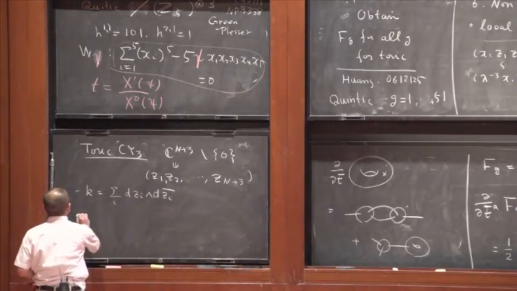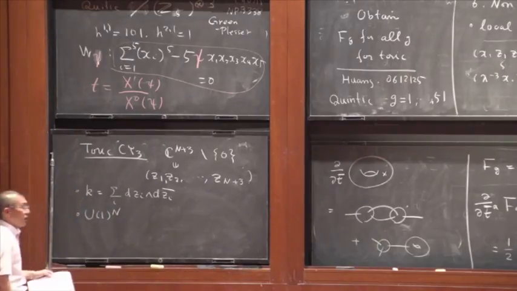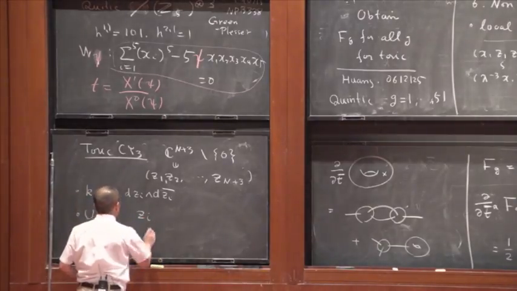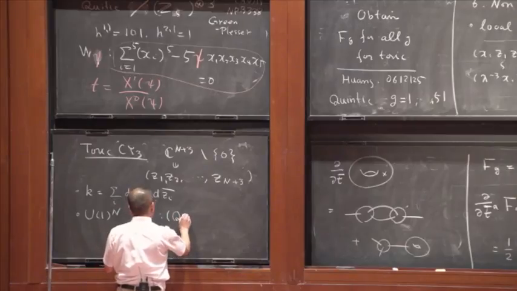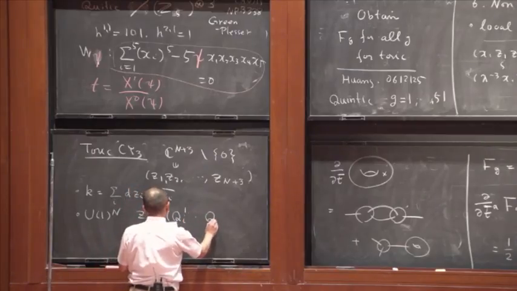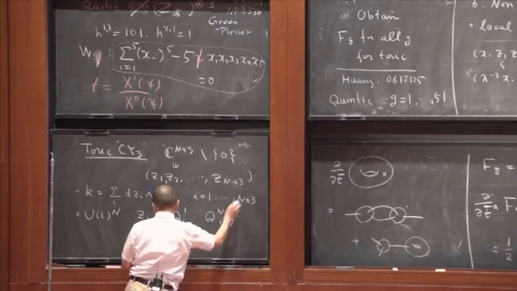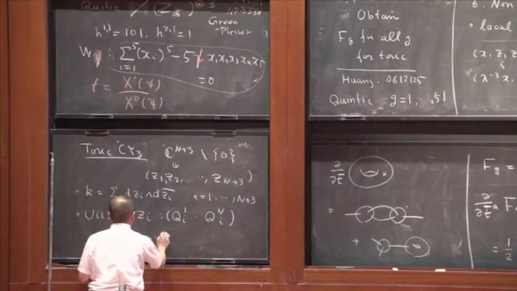So you introduce a U(1)^N symmetry, which you may think of as some kind of gauge symmetry. So each Zi carries some U(1) charge, which is given by Qi1, through QiN, where this i goes from 1 to N+3. So basically what it does is rotate Zi by a phase.